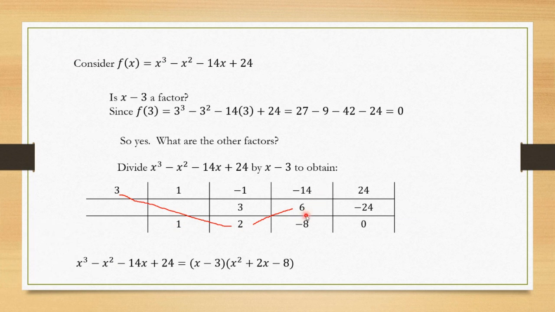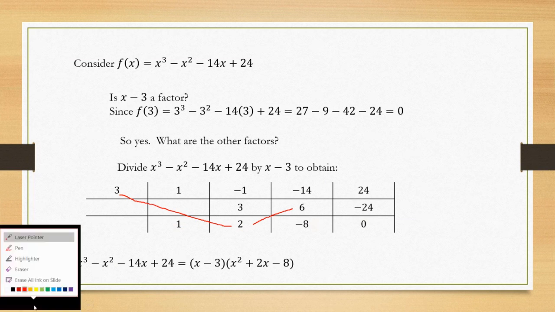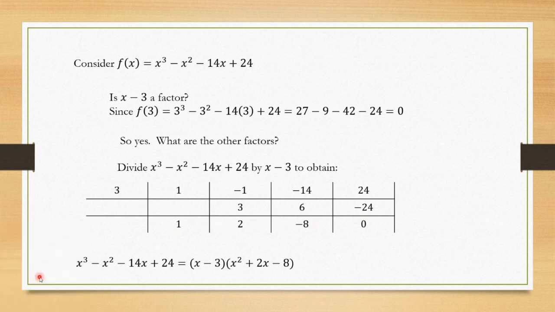You get negative 14 plus 6, that's negative 8. Okay, one more step. So we have 3 times negative 8, which is negative 24. And so 24 plus negative 24 is 0.